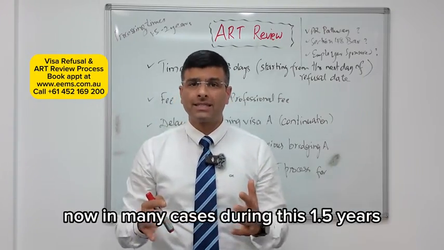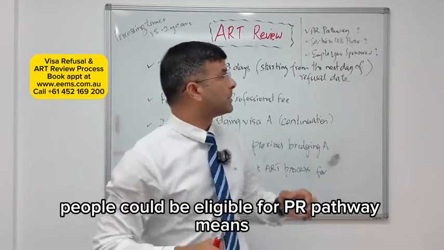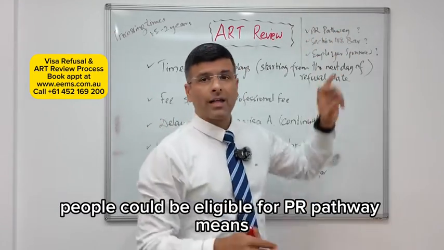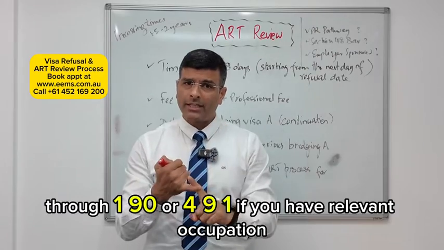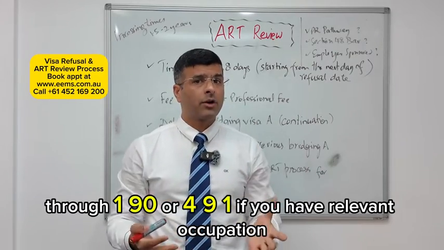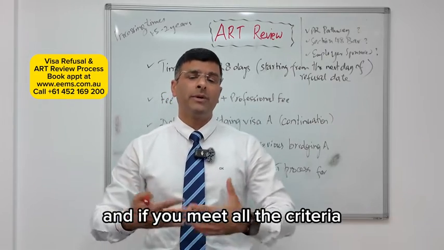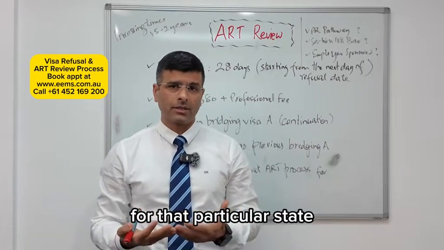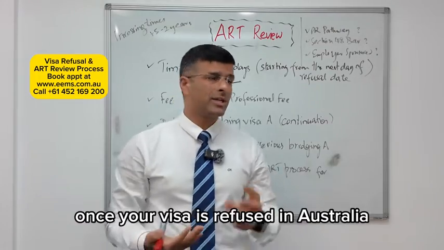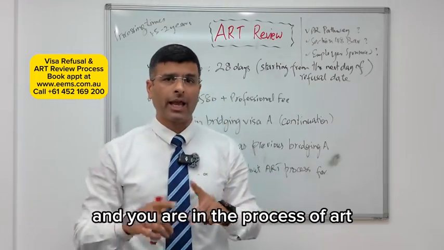Now, in many cases, during this 1.5 years, people could be eligible for a PR pathway, through 190 or 491, if you have a relevant occupation, if you're living in a relevant state, and if you meet all the criteria for that particular state.